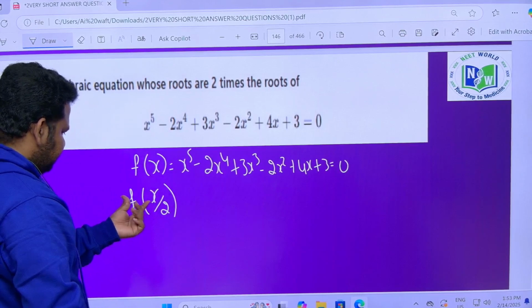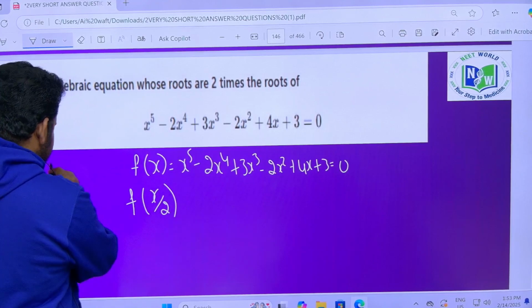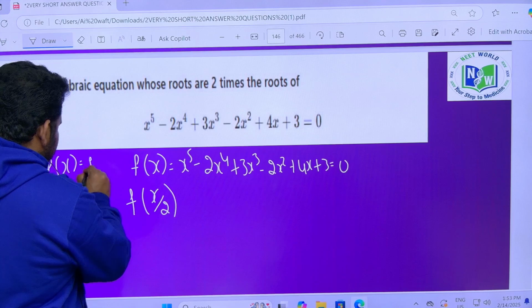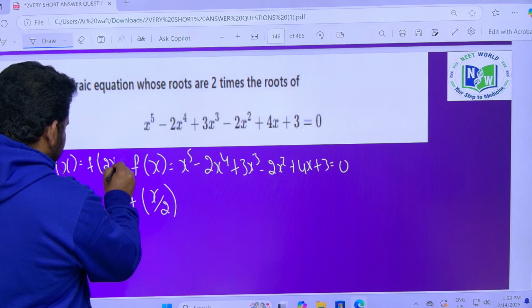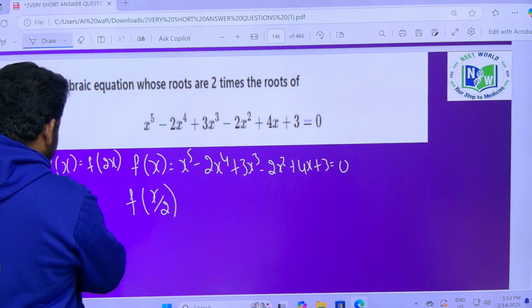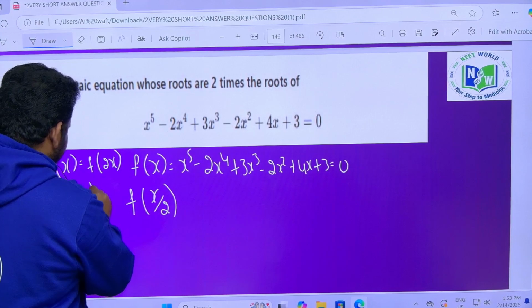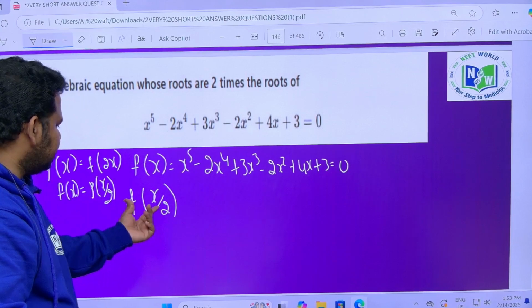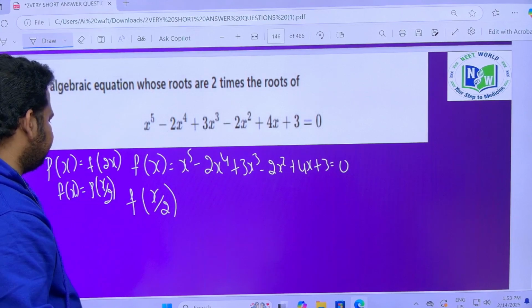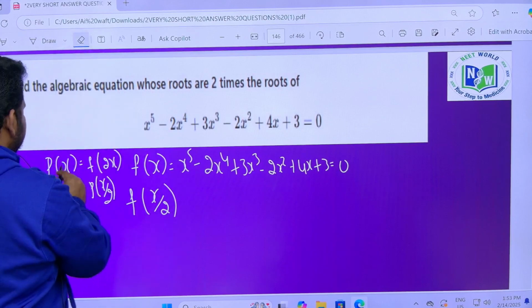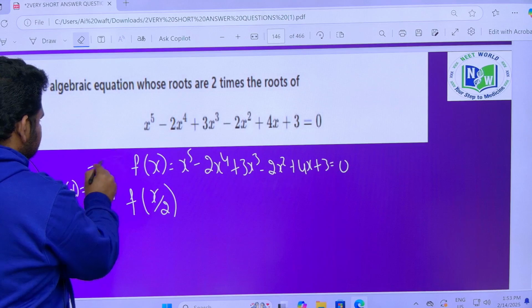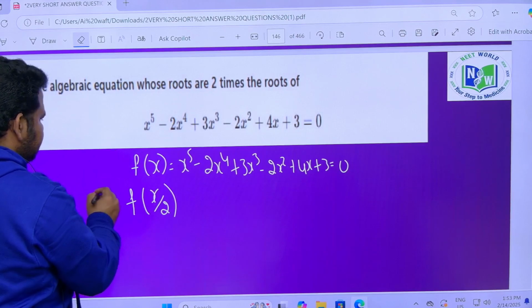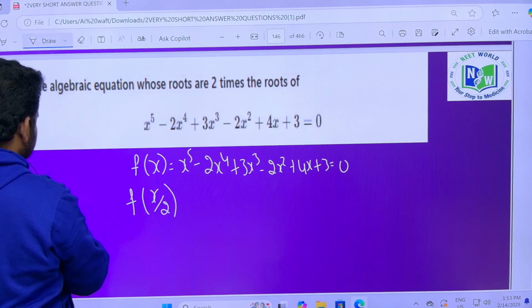Suppose I write p of x is equal to f of 2x, then if I want f of x, I have to find p of x by 2. So here I am finding f of x by 2, taking f itself instead of p. That is what we have to find out.